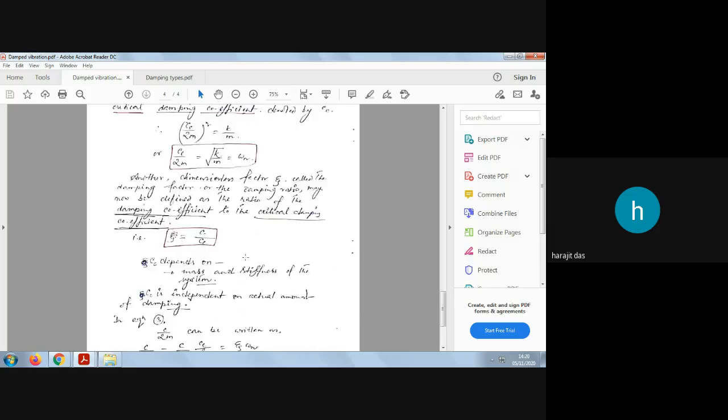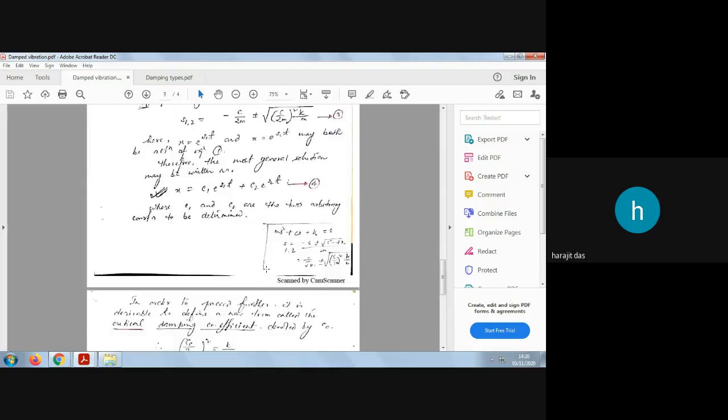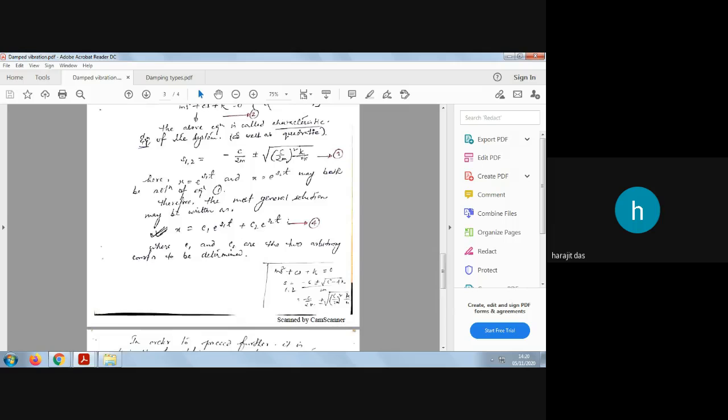Omega n is there, plus minus, because the plus minus symbol is still there. So c by 2m squared becomes zeta omega n squared. Omega n will be taken out, so zeta squared will remain there, minus k by m, which is omega n squared.